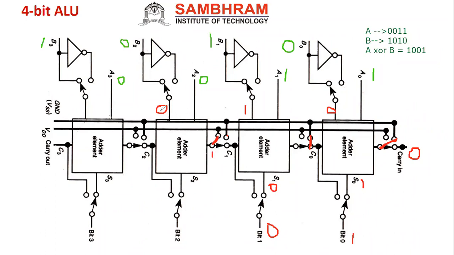Now again this added 0. This is also 0. 1 0 0. So 1 0 0 in the sense, what is the sum actually I'll get? Carry out is equal to 1. It is connected to VDD. Then I may get 1 0 0.